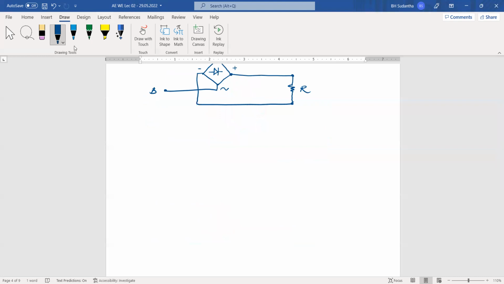Now we can have a small exercise, if you don't have any problem with half wave or full wave rectification, you can try that. Assume that you are having these types of waveforms. What if you give this type of voltage?